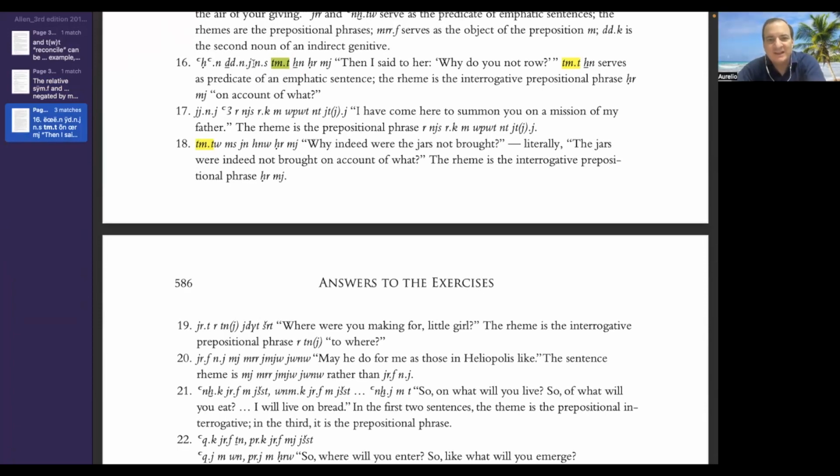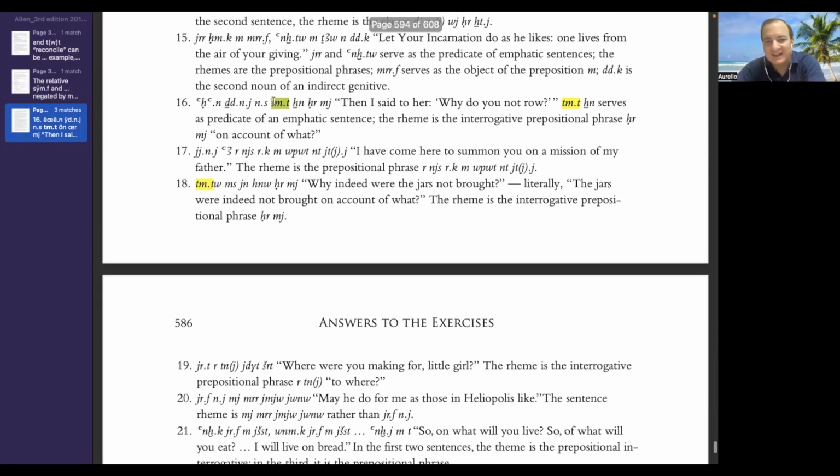Temit shen kharmi. You're not rowing upon what? Now, this is entirely Middle Egyptian.